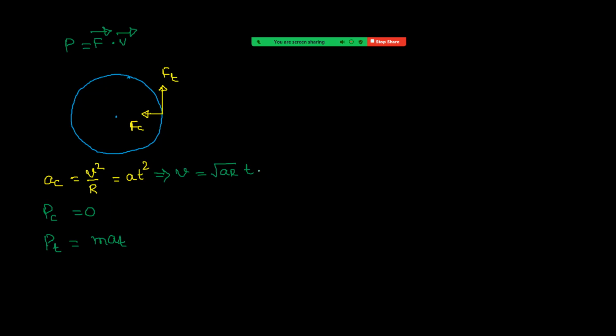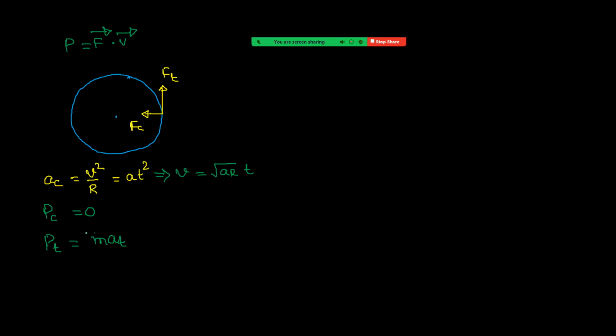From this we can say speed keeps on increasing. That means velocity and tangential acceleration are in the same direction, or we can say tangential force and velocity are in the same direction. That means the power delivered by tangential force in this problem is positive.